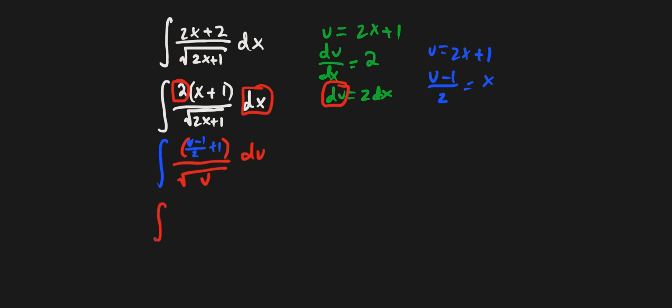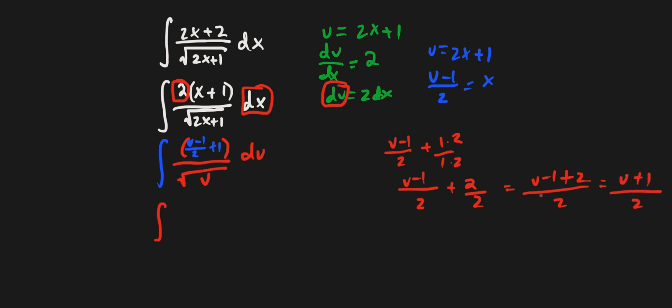So let's simplify this top part. I'm going to do this on the side because we don't have space here. So u minus 1 over 2 plus 1 over 1, so times 2, u minus 1 over 2 plus 2 over 2 is equal to u minus 1 plus 2 over 2, which is equal to u plus 1 over 2. I just wanted to show all the steps.